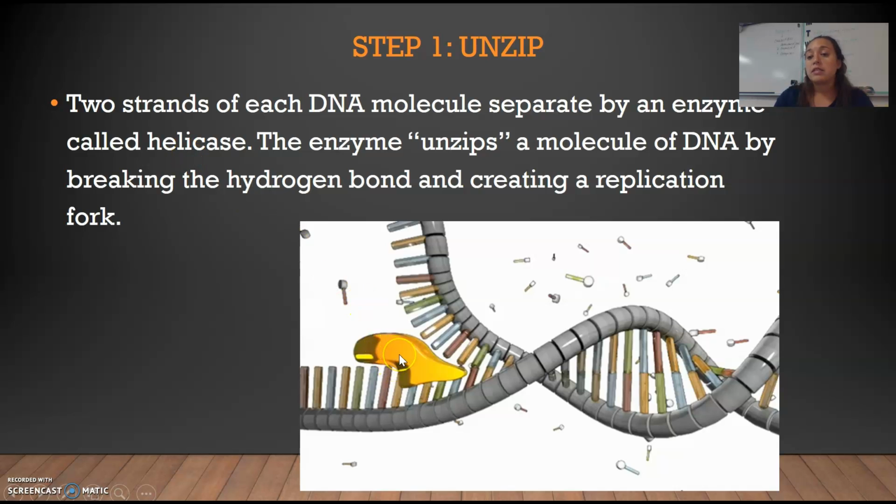Remember, enzymes help catalyze and speed up reactions. This is the reaction that's occurring. The enzyme will unzip. Think about a zipper, or just imagine all those staples coming off, breaking the hydrogen bond and creating what's called a replication fork. So right here, this is the fork. So the separation is the fork. So step 1, you unzip. Imagine again all those staples coming apart.